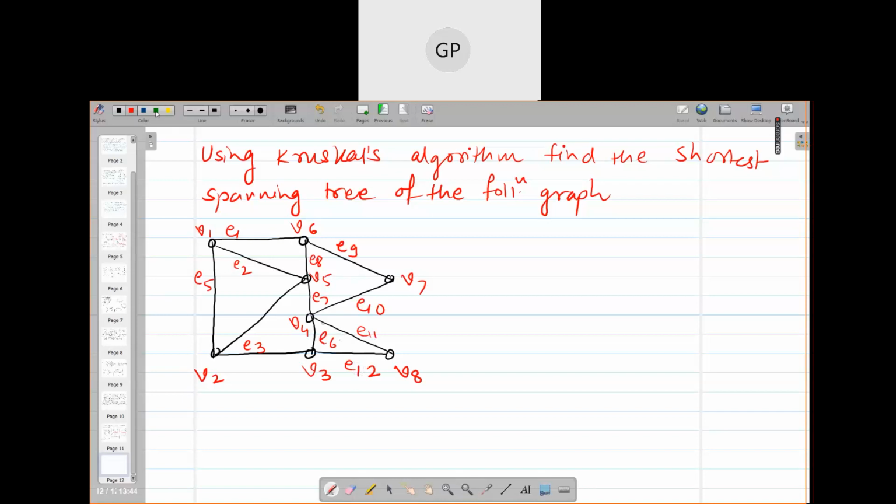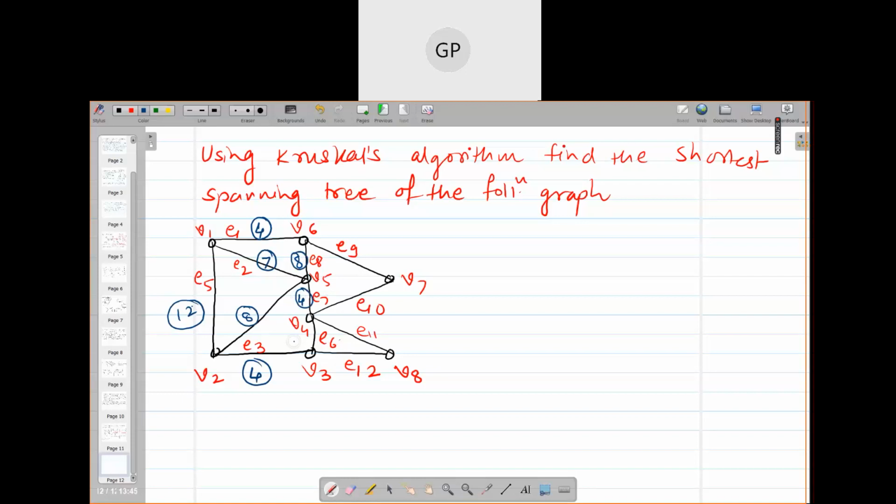Okay, and the weights I'm writing in blue. The weights are given as 4. E2's weight is 7. Then 12. Then 4. Then this is 8. E8's weight is 8. E7's weight is 4 again.